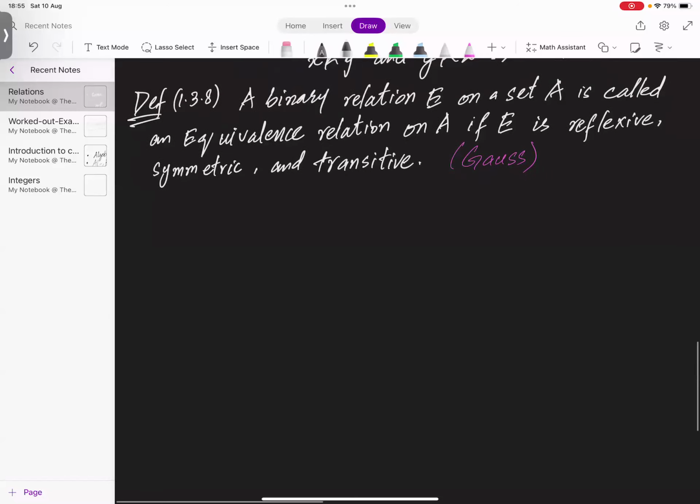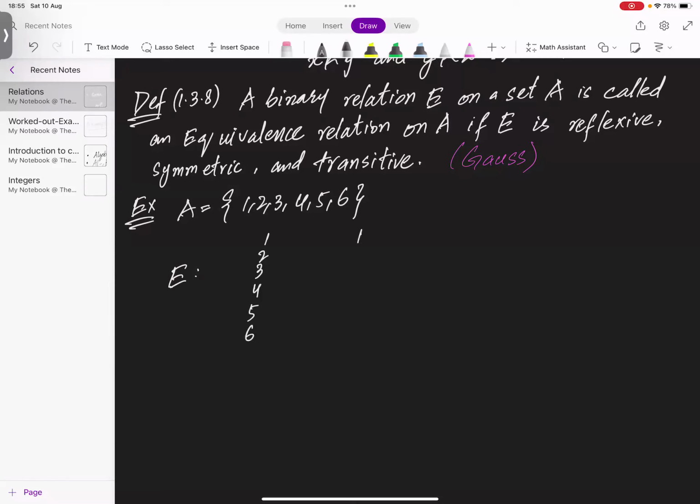Let's define this by an example. So we have a set A, which is 1, 2, 3, 4, 5, 6. We have a relation E between 1, 2, 3, 4, 5, 6 and 1, 2, 3, 4, 5, 6.